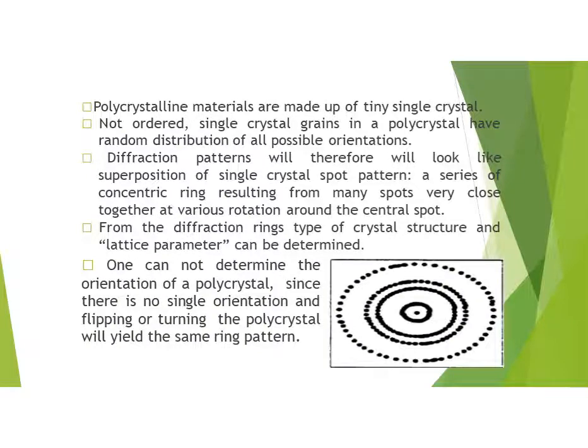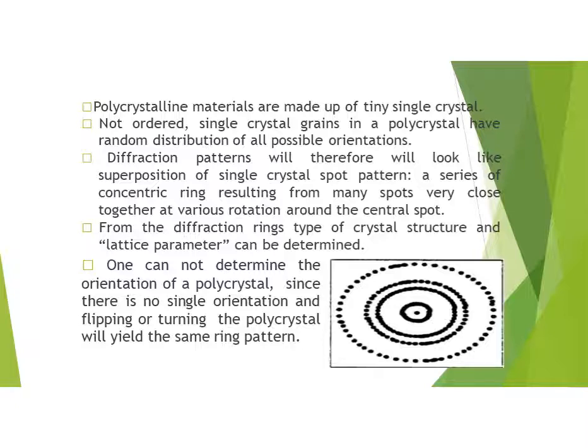Polycrystalline materials are made up of tiny single crystals, not ordered. Single crystal grains in a polycrystal have a random distribution of all possible orientations. The diffraction pattern will look like a superposition of single crystal spot patterns. A series of concentric rings results from many spots very close together at various rotations around the crystal spots.